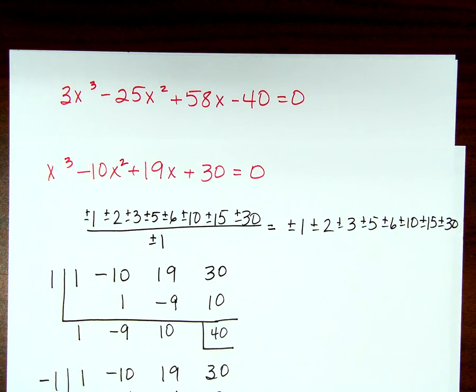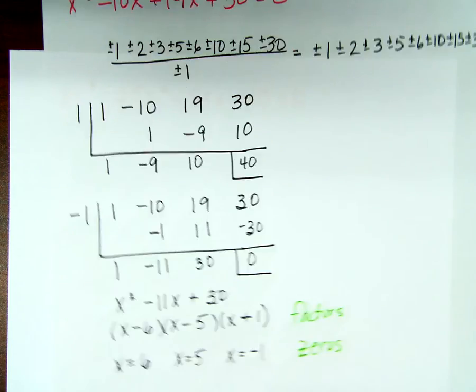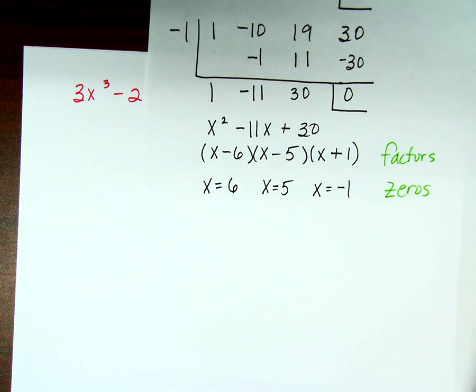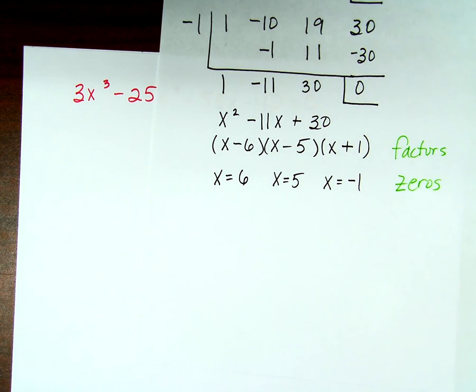Everybody have that one written down? I want to go back to this problem real quick and remind you what we just got for our factors and our zeros. And at the same time, I want to show you the graph of that function.